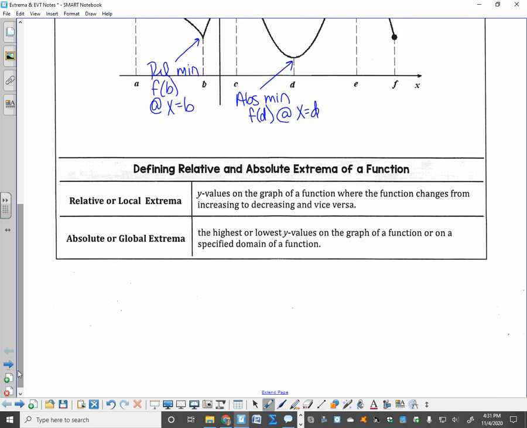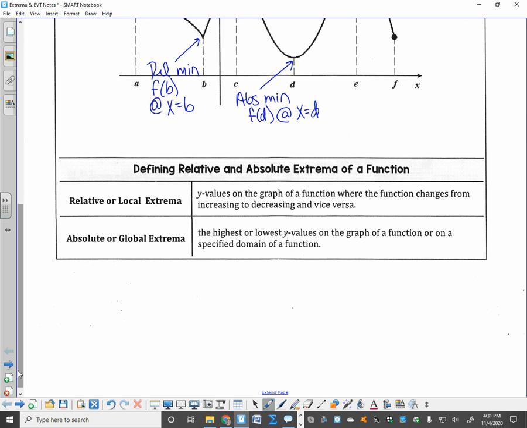All right, defining relative and absolute extrema of a function. A local or relative extrema, like Pilot Mountain or Sauratown or Hanging Rock, are y values on the graph of a function where the function changes from increasing to decreasing or from decreasing to increasing, because that is going to cause the hump.